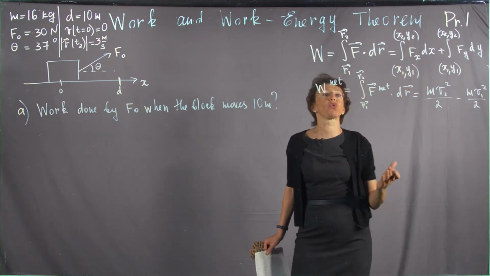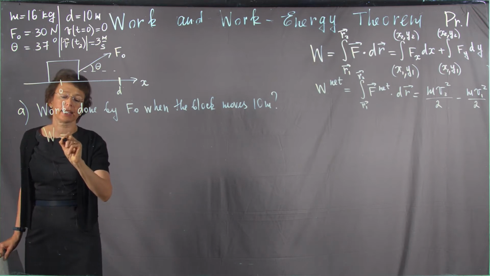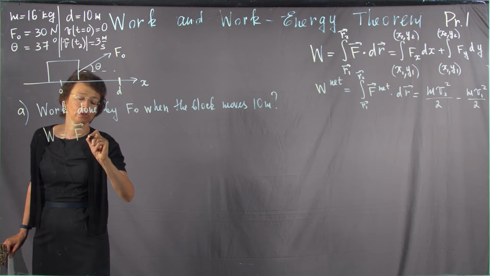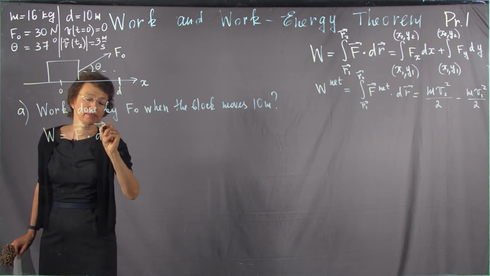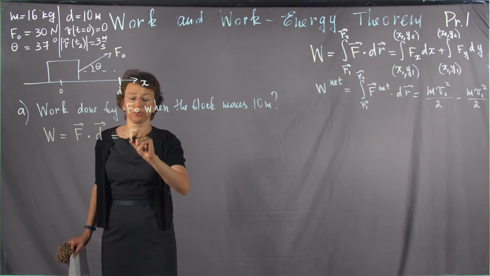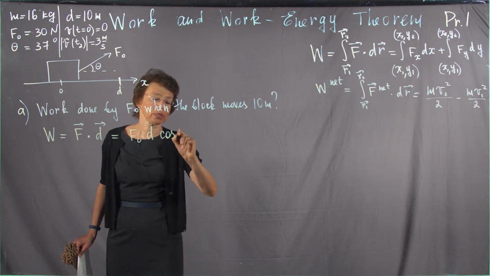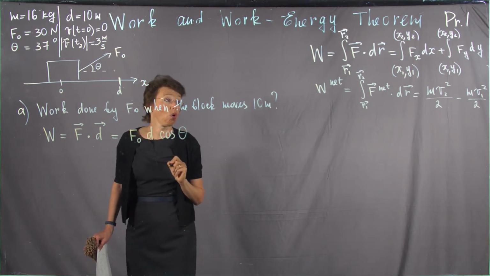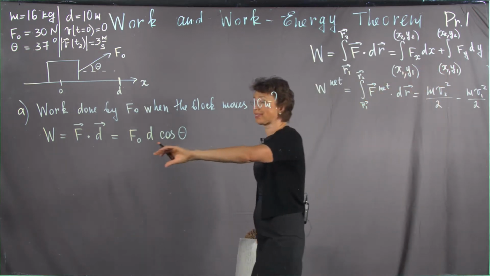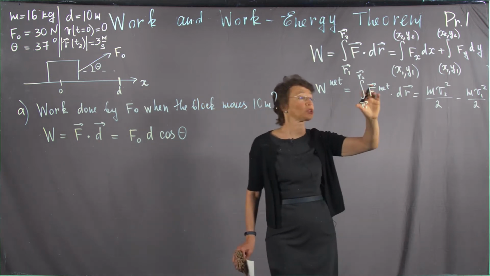The force is constant, so we can write work as just dot product of force dot displacement. And from this formula, I will get F naught times d times cosine theta. Or I look at this formula, which is general formula. This is just one particular case when force is constant.